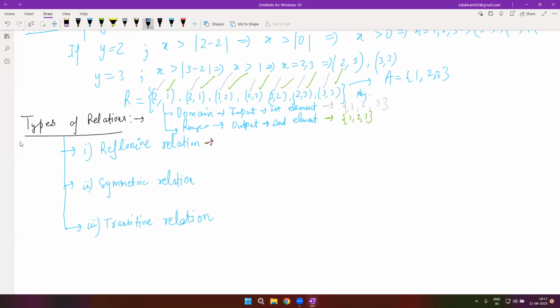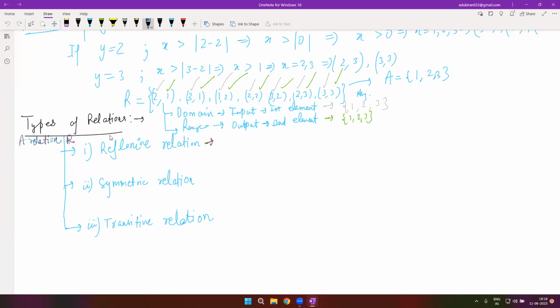Sir, here there is one set, so in the one set only there is both domain and range. Yeah, it doesn't matter. Domain and range don't depend on the set.